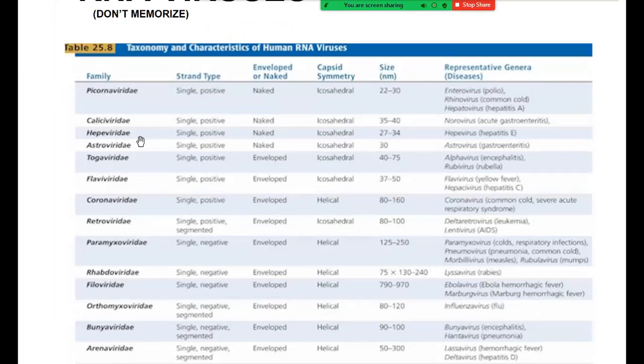I won't obviously ask, is the Herpesviridae icosahedral or is it helical? Okay, I'm not going to ask you about the size either. If we talk about the virus, then I expect you to know the viral name and what disease it causes.